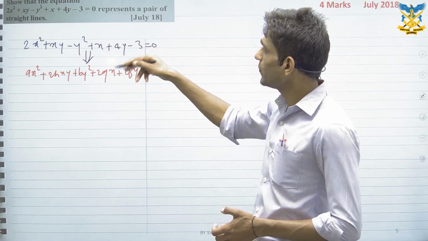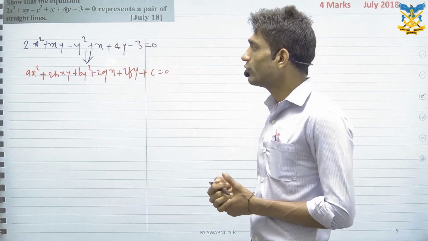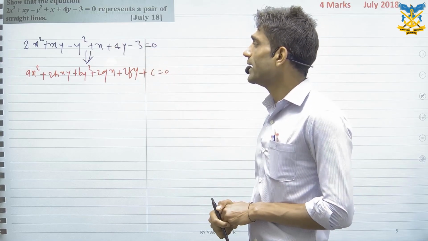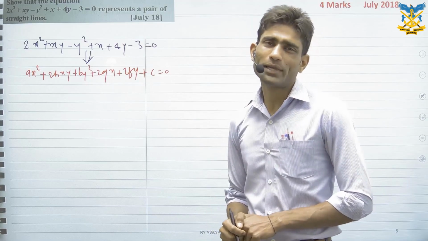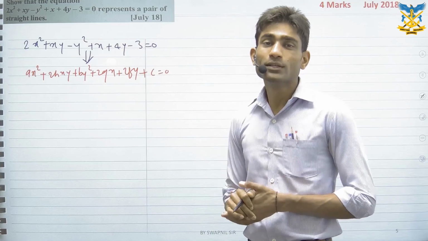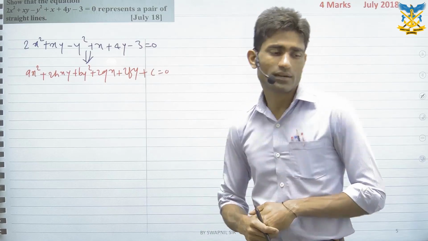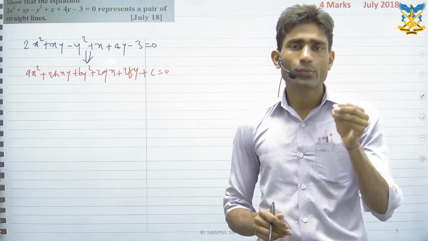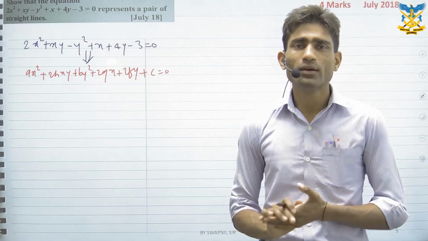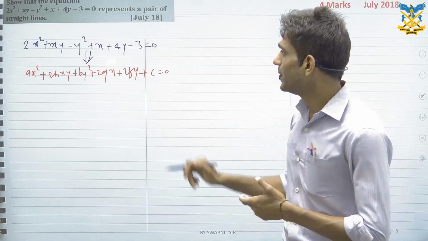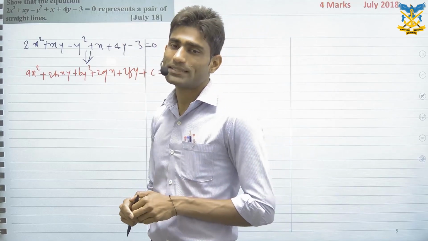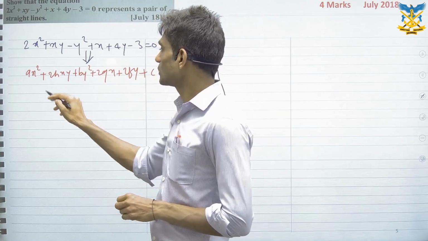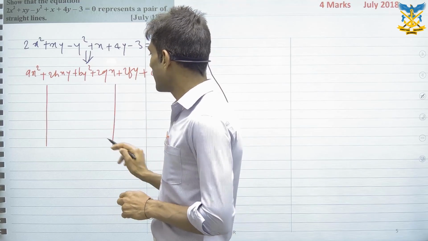Now what we do, we compare them and try to find the values for a, h, b, g and f, okay. But why do we want all these values a, b, g, h, f? There are some certain conditions, okay. Within that, we have to find the value of one determinant. If that determinant goes to 0, that means our general equation represents a pair of straight lines, okay. So which determinant do we have to find here?